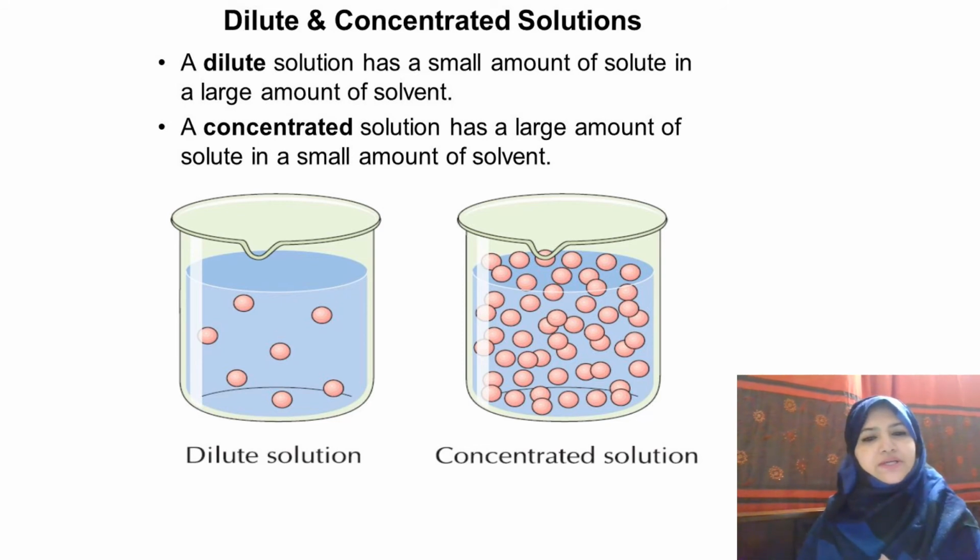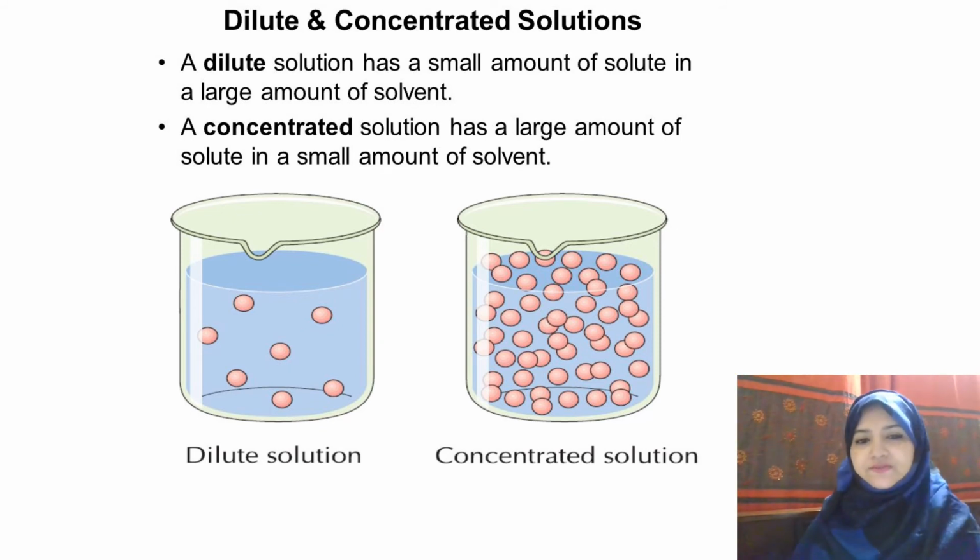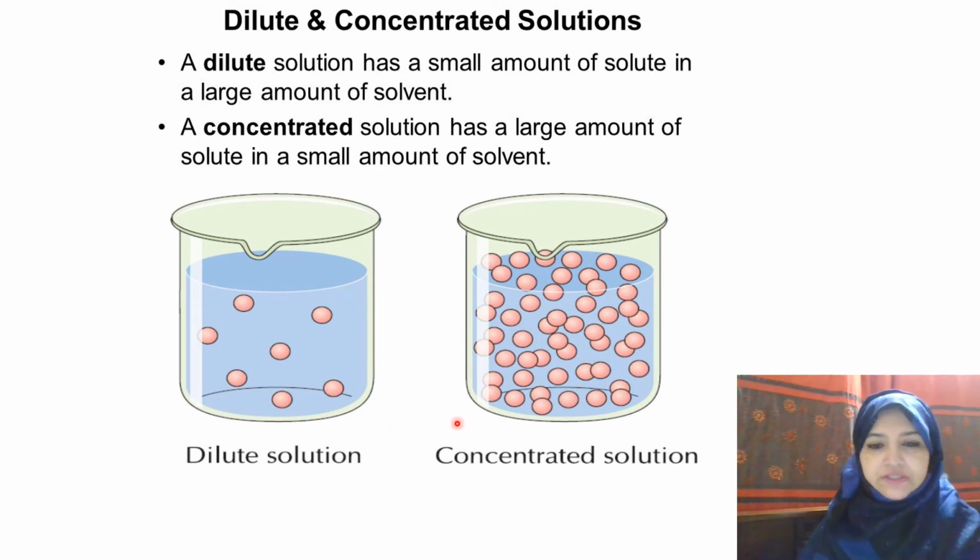A dilute solution has a small amount of solute in a large amount of solvent, and a concentrated solution has a large amount of solute in a small amount of solvent. This picture of these two beakers shows you the particular arrangement of the particles of solute in solution.